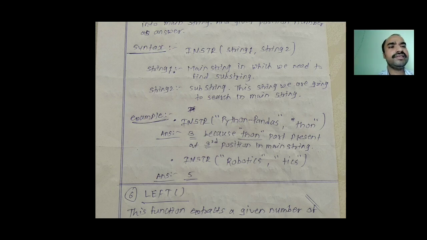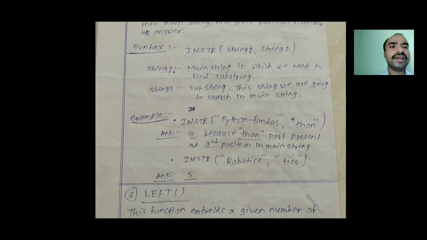The first string is the main string, and the second string is the string whose position we want to find in the first string. Now we have seen that thon is present in Python. So what is the position of thon? P is 1, Y is 2, so it starts at 3, that is thon.